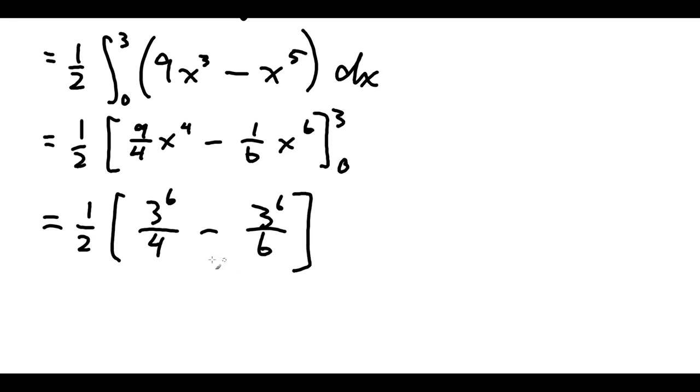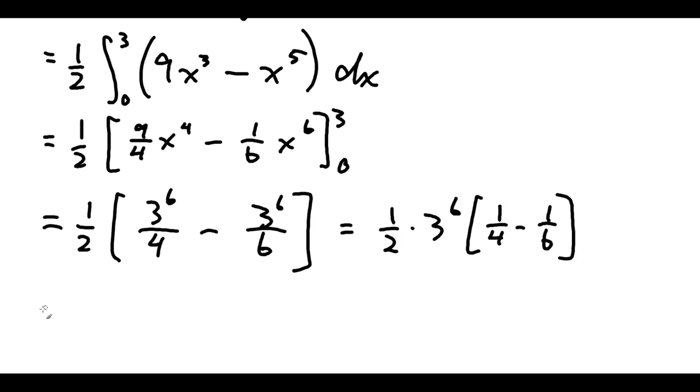So actually what I should probably do is write this as 1/2 times 3 to the 6th times 1/4 minus 1/6. So what'll this be? We have a common factor of 12. So that'll be 3/12 minus 2/12 leaves 1/12. If I am doing that correctly, I'll check the answer at the end to make sure that it's working out well.